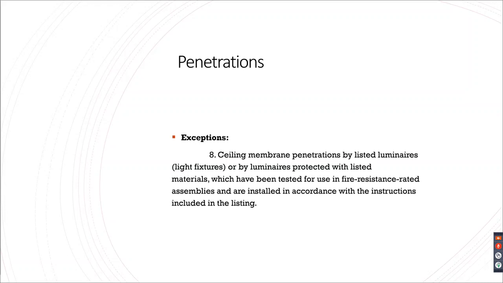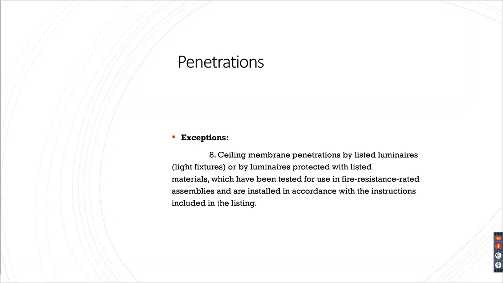And then 8, sealing membrane penetrations by listed luminaires, so light fixtures, or by luminaires protected with listed materials. So either, like I mentioned earlier, that fixture's listed and tested, or the penetration around it is listed and protected.